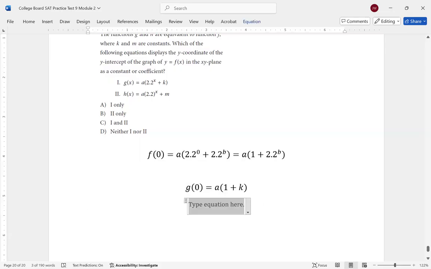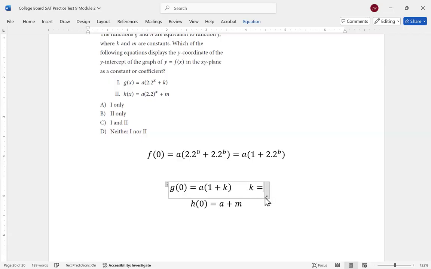In a similar way, if I plug in 0 into H, I get A plus M. In the first case, K was forced to be 2.2 raised to the B power.